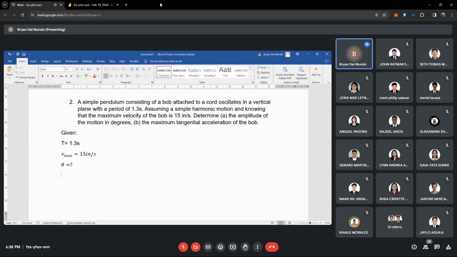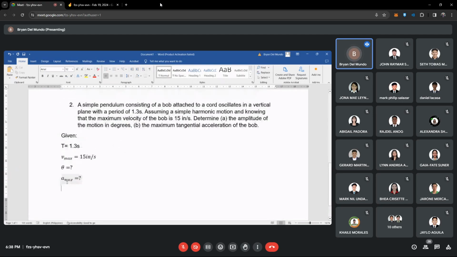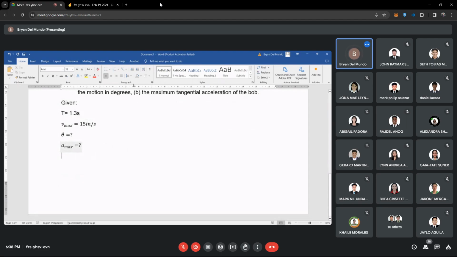And then the maximum tangential acceleration. So let's solve first for the omega n.